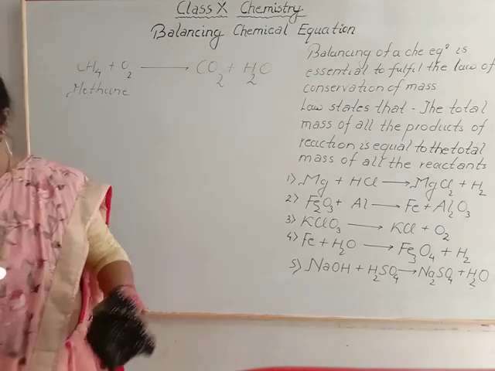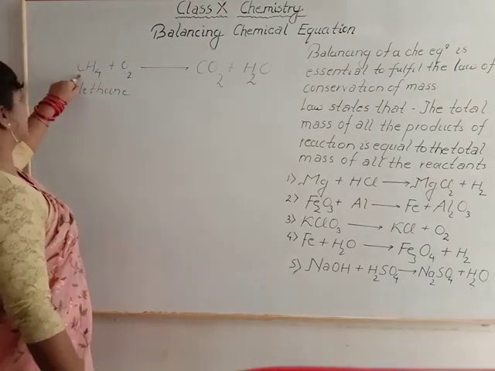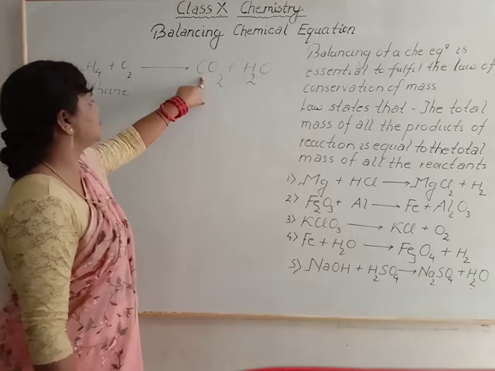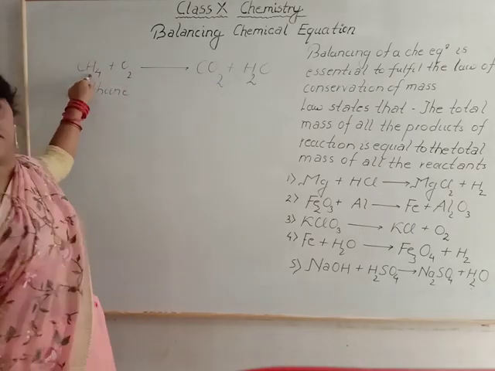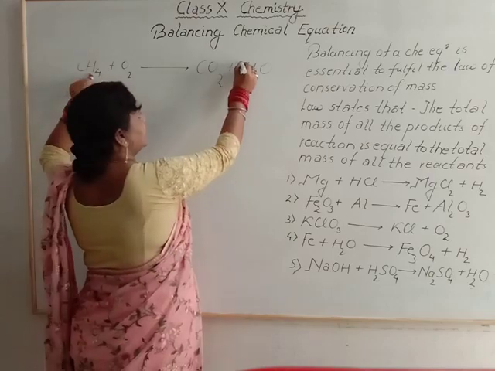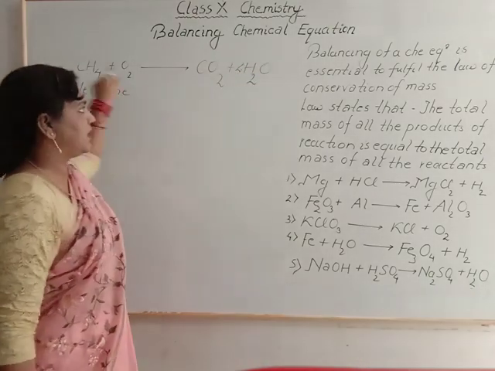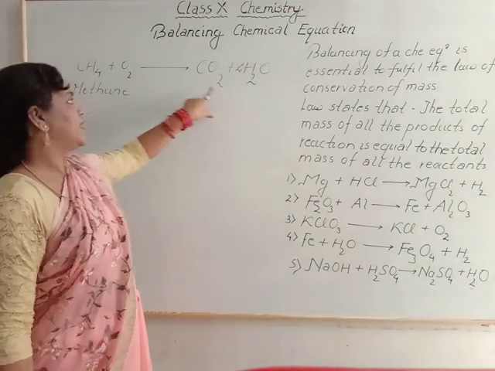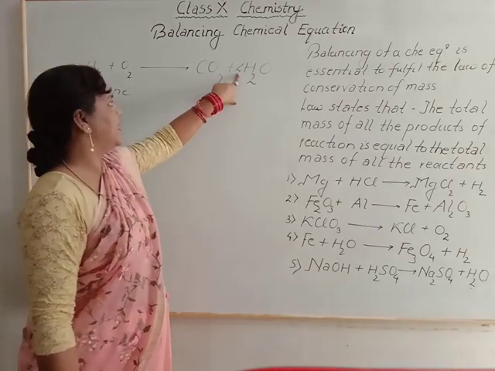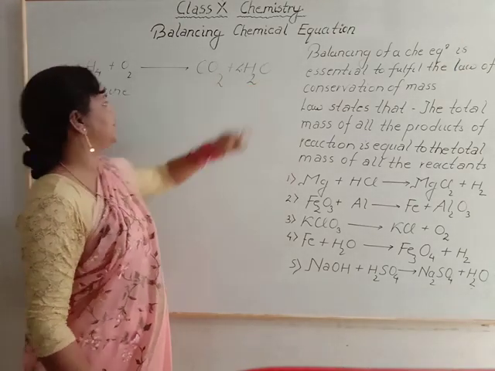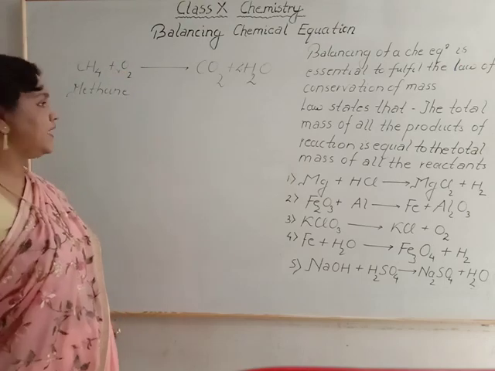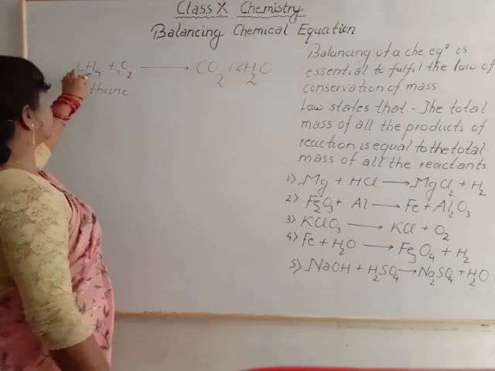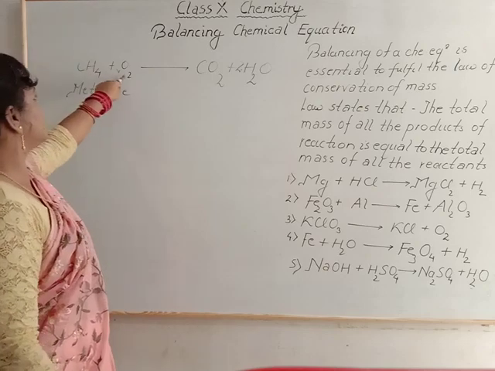Now for this, you first balance it. Carbon here is 1, here it is also 1, so no need to balance carbon. Now see here, hydrogen is 4, so write here 2. Now it will become 4. Now oxygen: 2 and 2, 4. So write here 2. So this is methane in presence of oxygen.